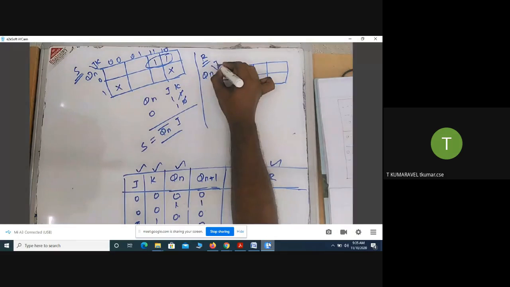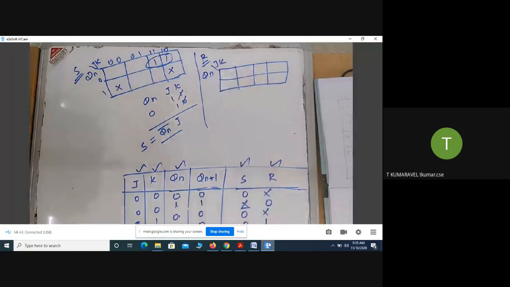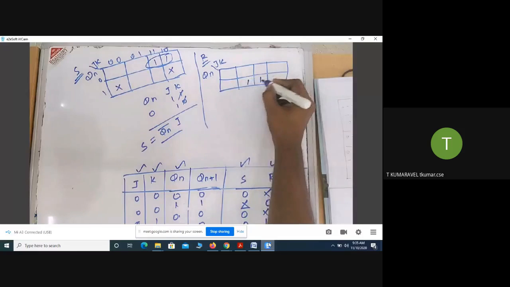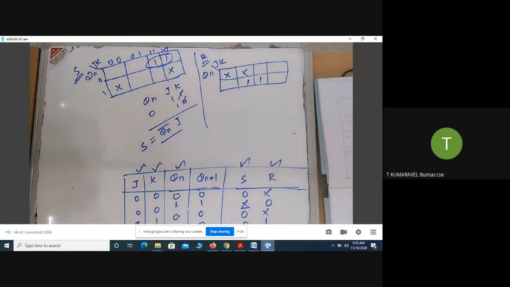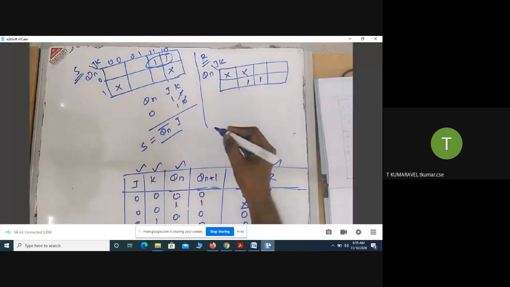If you fill up the table, your table should appear like that, with one, one, and the don't cares X. I hope all of you know how to fill up the columns of the table. We have seen a lot of examples regarding how to fill up the columns and how to generate the Boolean expression.